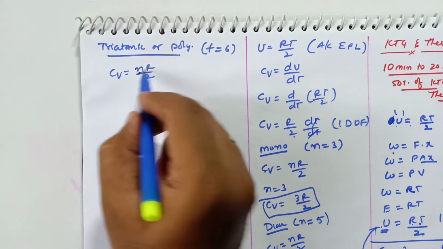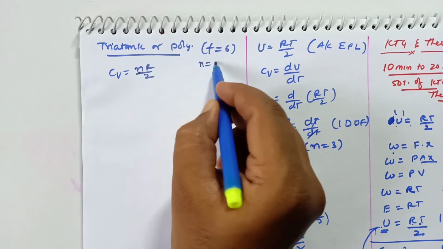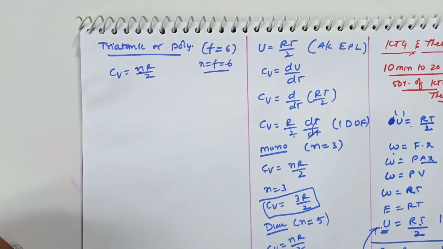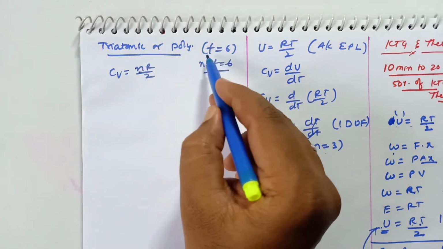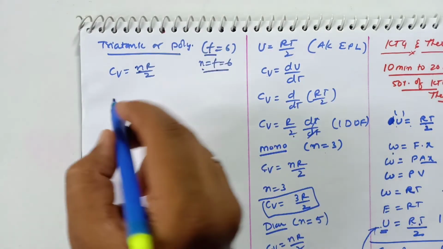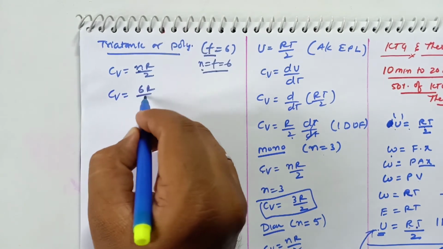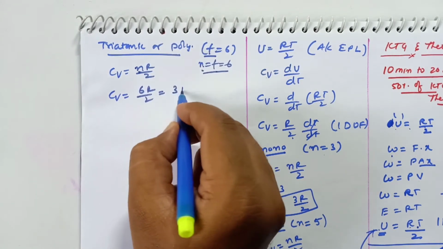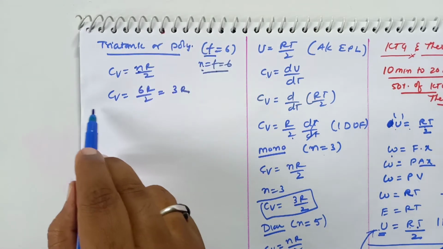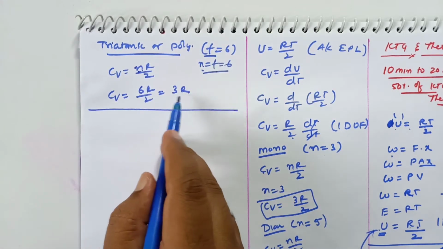What is n here? Number of degrees of freedom. So the number of degrees of freedom is considered to be 6 here. Understood? You can take degrees of freedom as n or f, whatever it may be. So Cv can be considered as 6R by 2. Therefore, it can be taken as 3R here. So Cv for a triatomic molecule is taken as 3R.